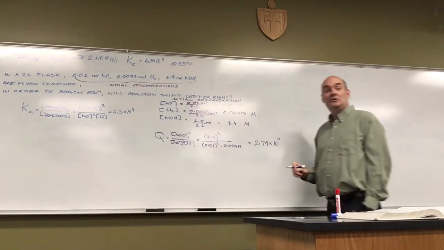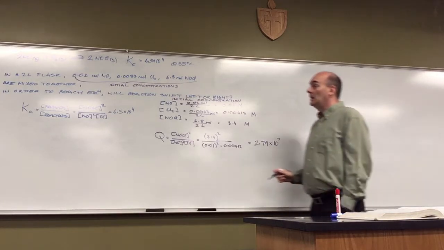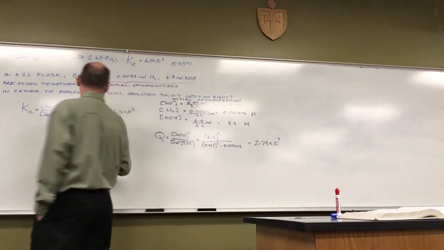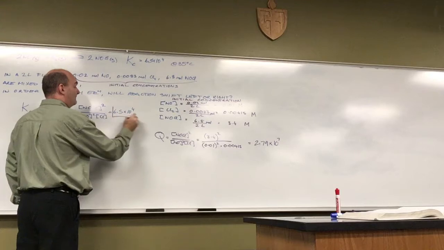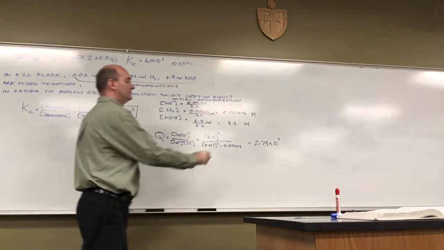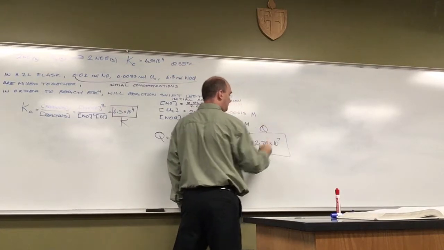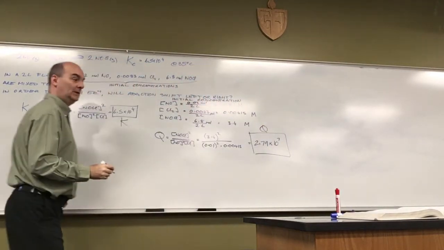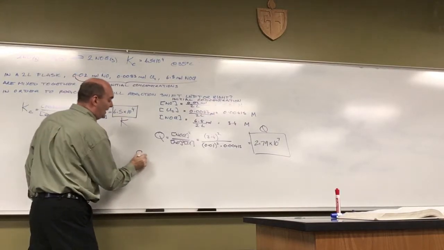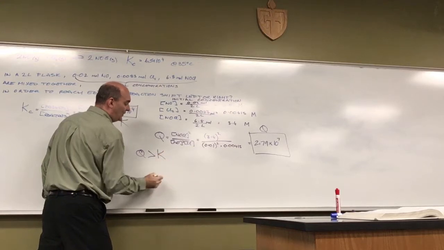Yeah, that's not just a fairly big number. That's a big number. Question is, is it bigger than K? Yep. So my value of Q is larger than the value of K.